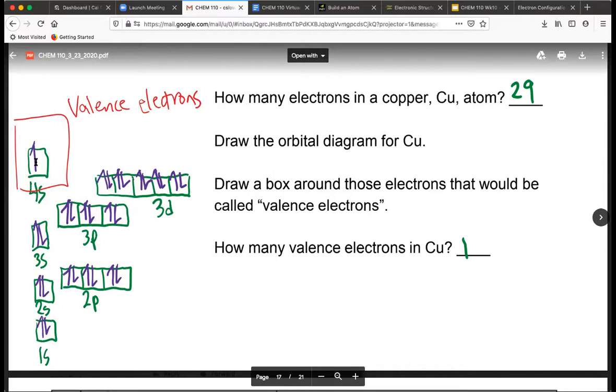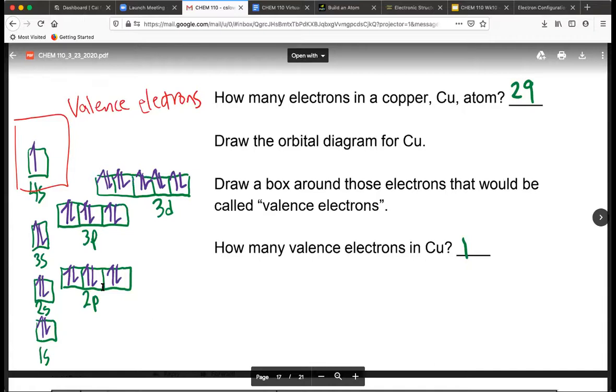So copper only has 1 valence electron. The most likely ion that it will form is copper +1, where it gives up this 1 electron because it's unsatisfied. It's single, it's by itself. Whereas everything else in the 3d, 3p, 3s, 2p, 2s, and 1s are all paired and satisfied. They have a lower energy level than a single electron that's by itself.